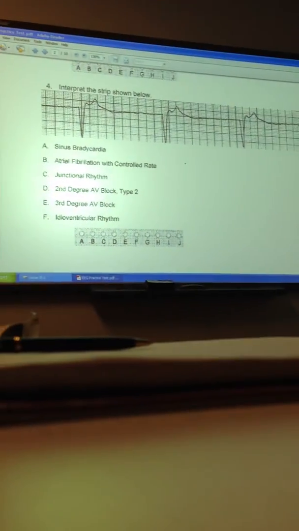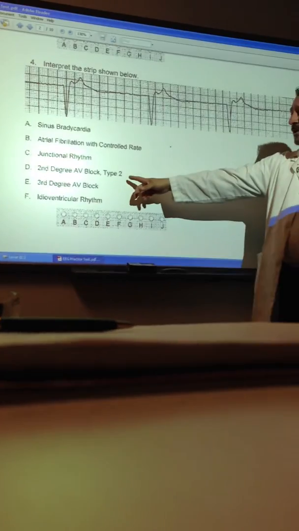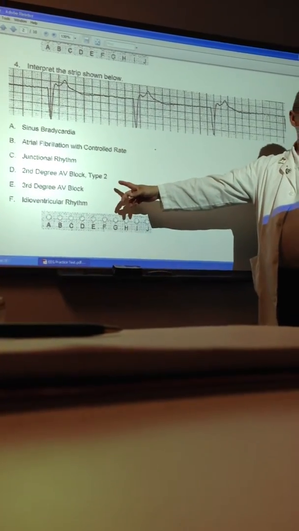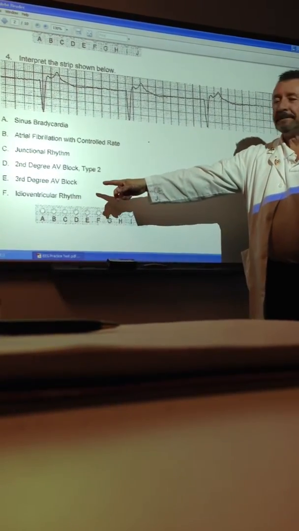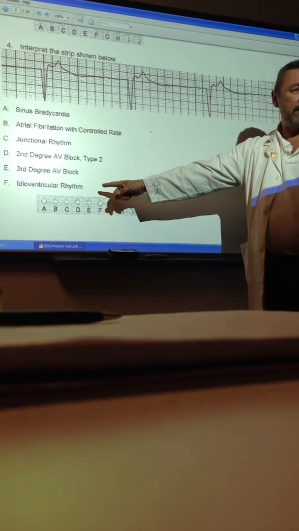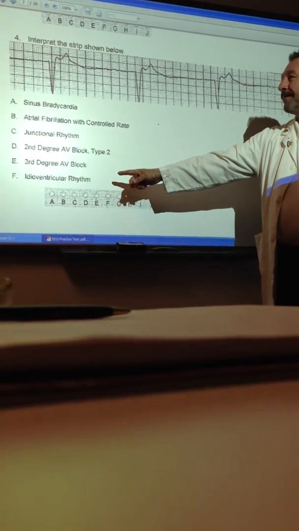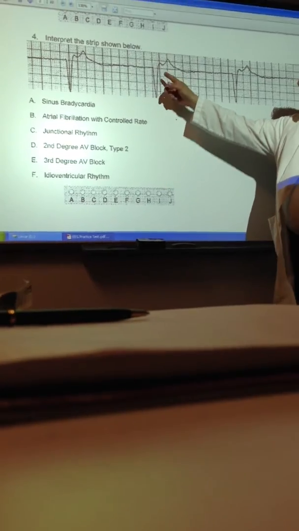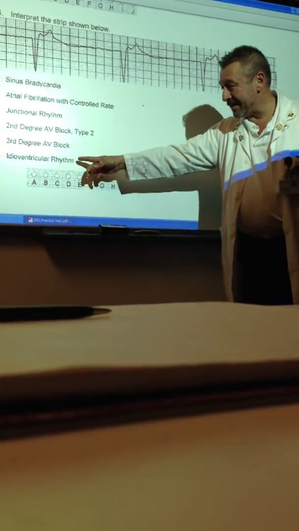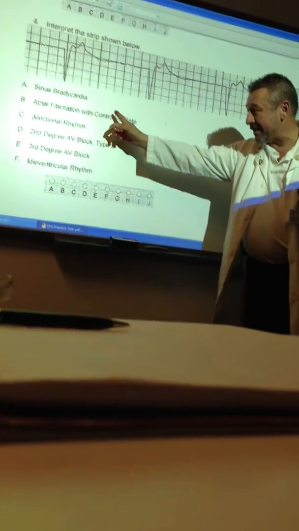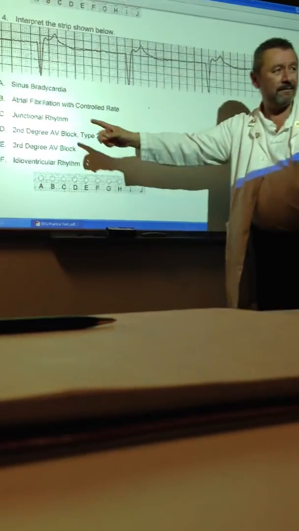Is it a second degree type 2? No. Is it a third degree? Idioventricular rhythm? It's not. Idioventricular would be coming from the ventricles, your QRS would be very wide. So we know it's not that, it's not that, so it has to be that. It is a junctional rhythm.